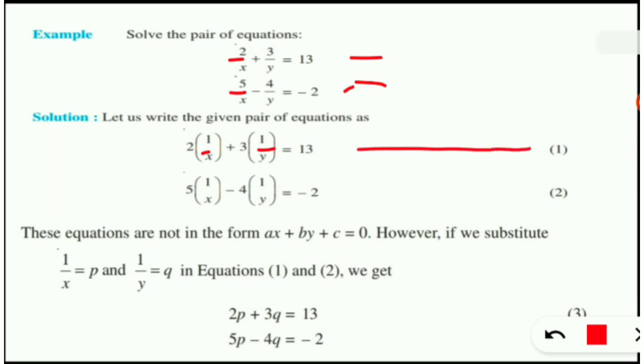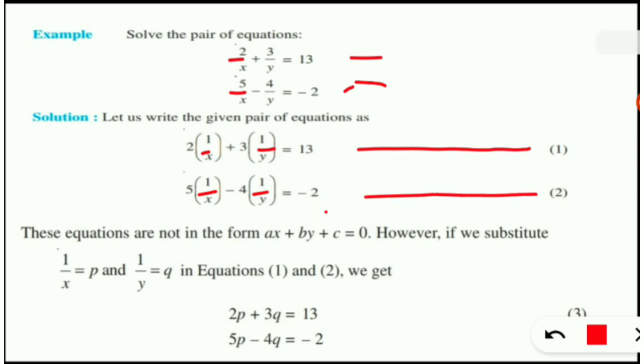This is equation 1. Next, 5 by x minus 4 by y equals minus 2 can be written as 5 into 1 by x minus 4 into 1 by y equals minus 2. Clear? So this is equation 2.